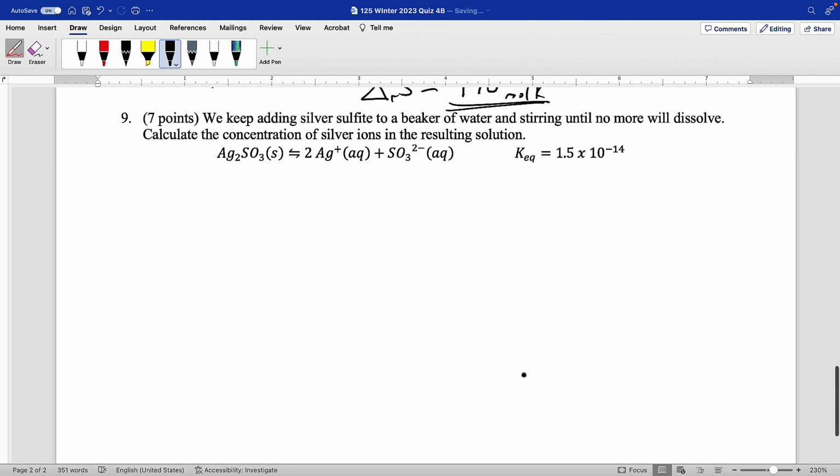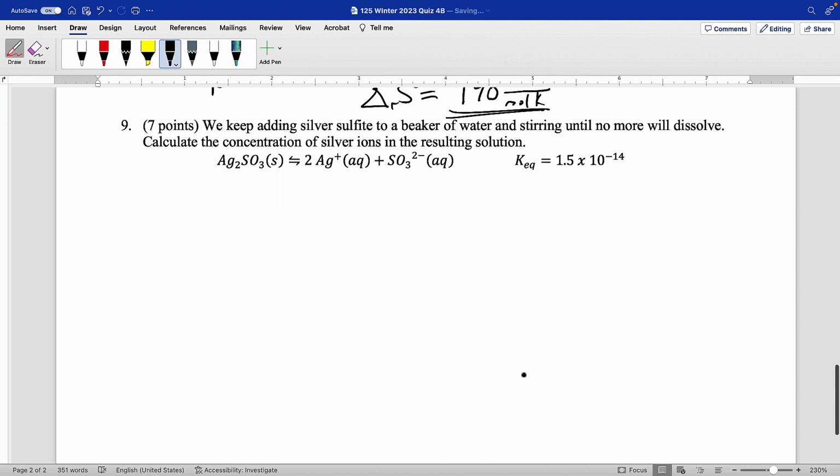Okay, number 9. We're trying to figure out how concentrated a solution we can get. What's the solubility limit for silver sulfite? So we imagine taking a beaker and we're going to start dumping in this solid, and it's going to dissolve.